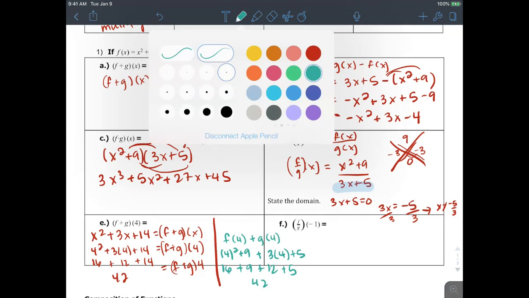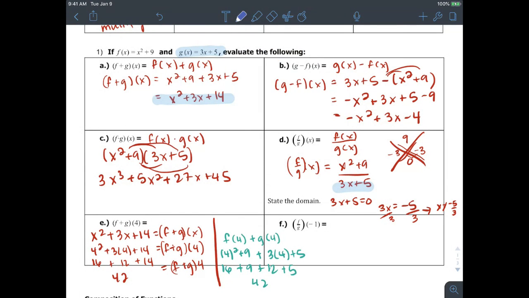Same thing for the f over g. We can plug them into f and then g, or we can just look at what we got right here. So I'm going to go ahead and use that. x squared plus 9 over 3x plus 5. And then I'm going to substitute the negative 1.